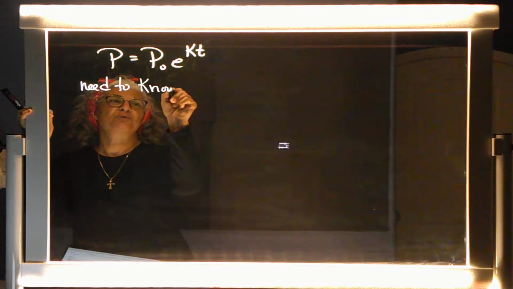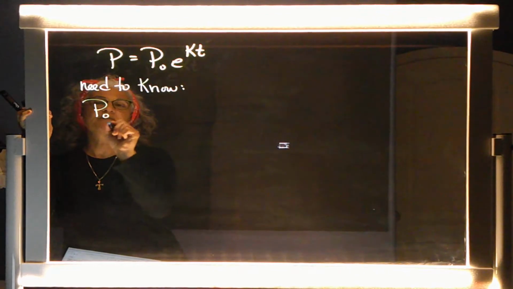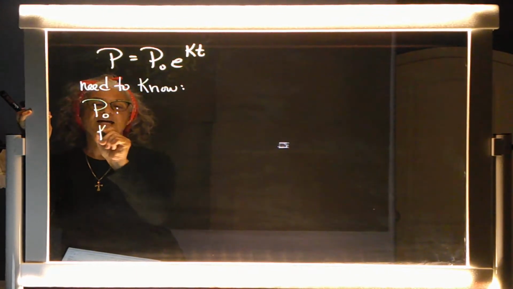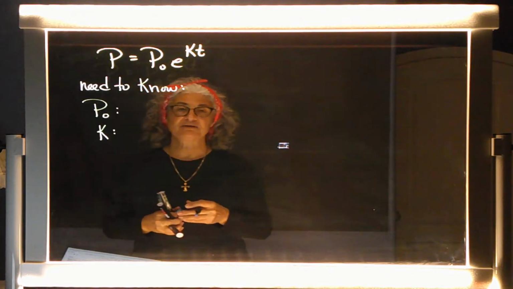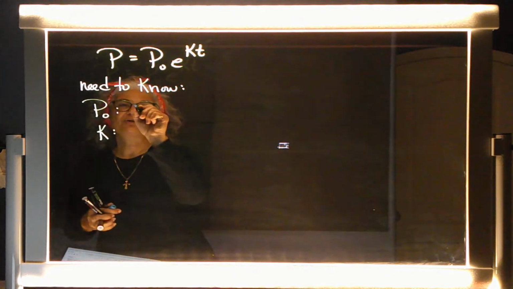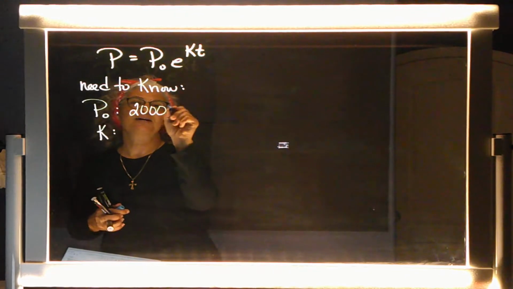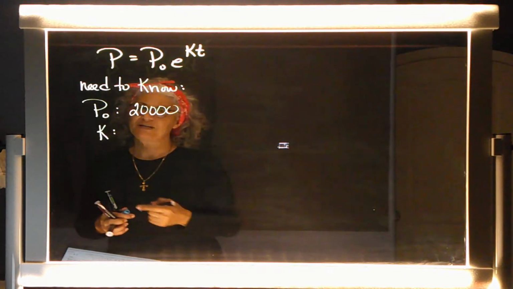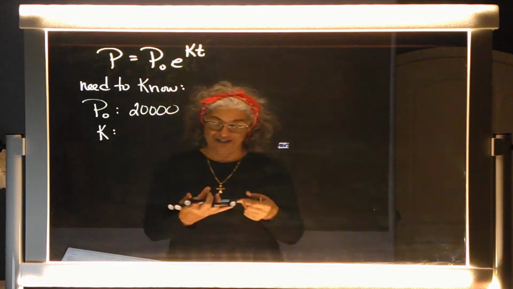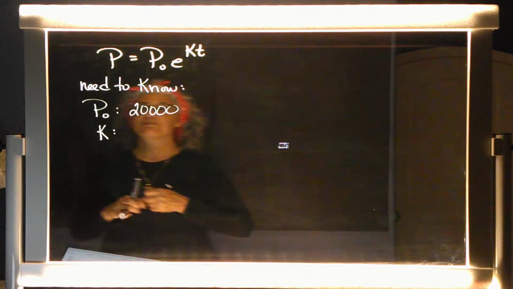That's right. If you remember from the last one, I need P sub 0, which is the initial amount, and I need K, which is the rate. Did they give me the initial amount? Yes, they told me the initial amount was 20,000. They didn't give me K, so now I need to find K, don't I?